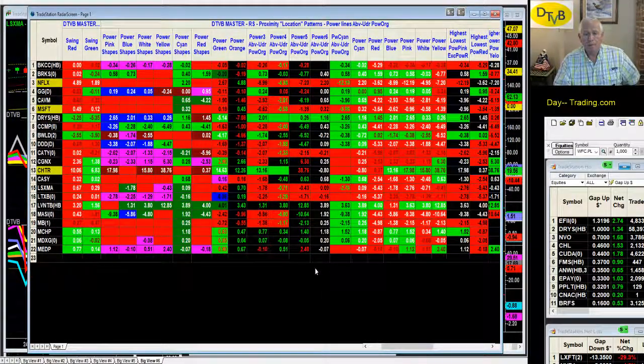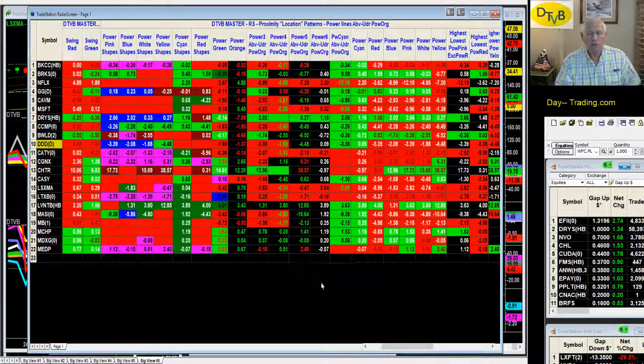That makes a quick reference point for you to identify conditions within individual stocks.